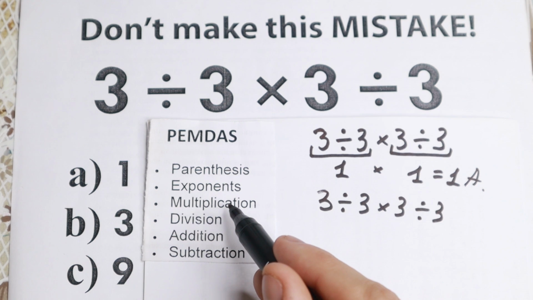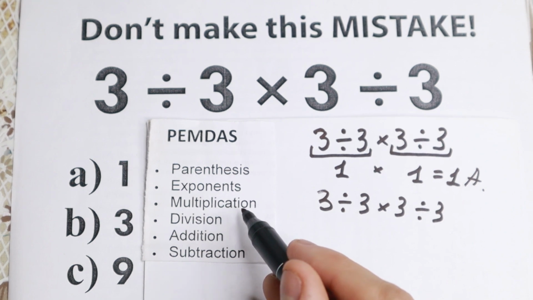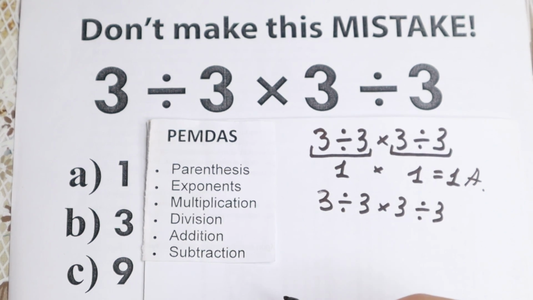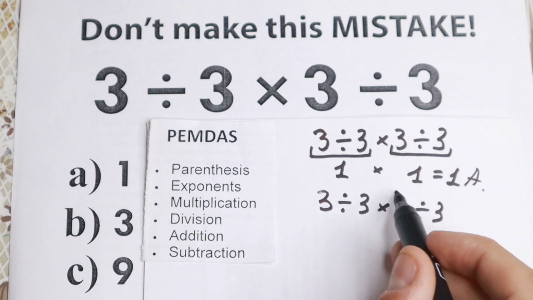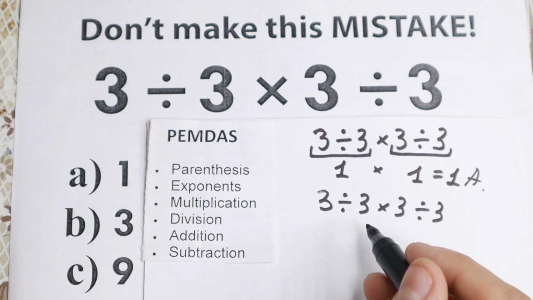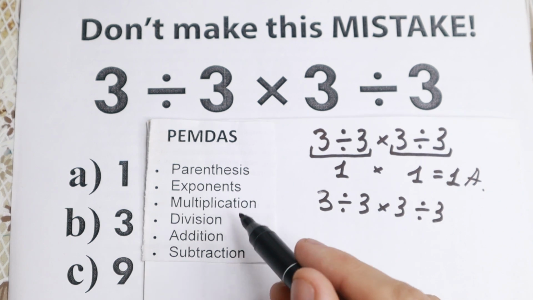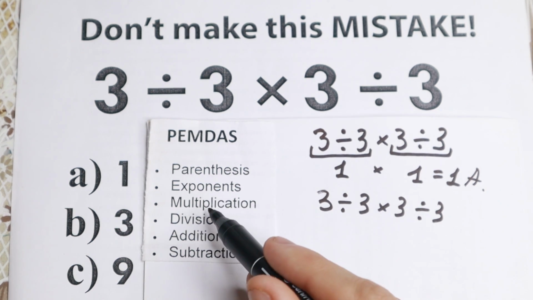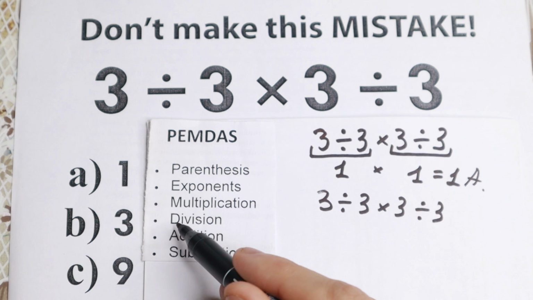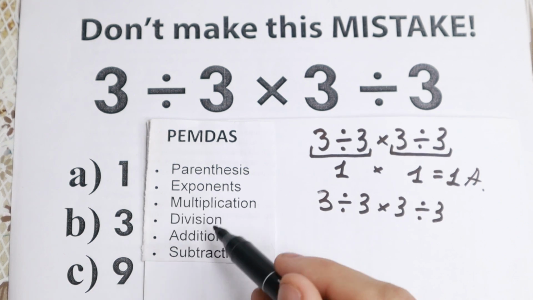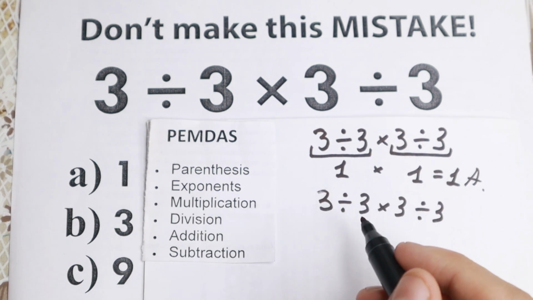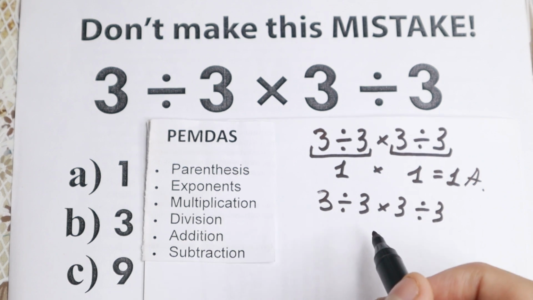For the next step, a lot of students make a common mistake: they say the next step is multiplication, so they multiply the one in the middle first. But that does not give a correct answer, because the correct approach is to work as a group. Multiplication and division is one group. So we need to scan: are there any division or multiplication signs?